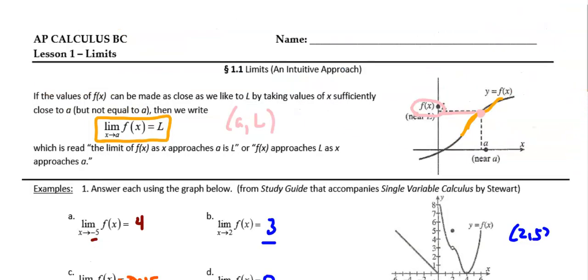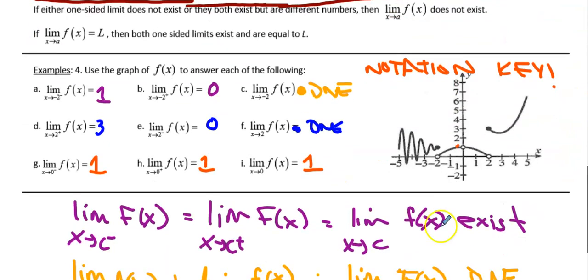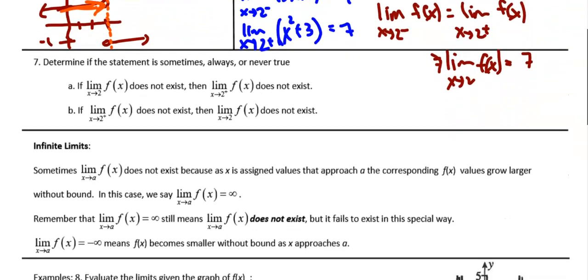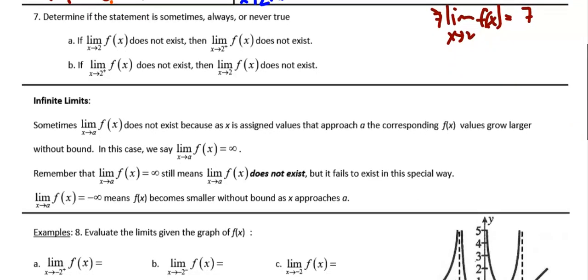And that goes back to what we did here: if the left-hand limit and the right-hand limit are equal to the same value, then the overall limit is also equal to that. If these numbers had been different, as you've seen in these two examples right here, if this had not been 7 and 7, then this limit just would not exist. Okay, so that's basically question number 6. I'm hoping this makes sense to you guys, and let's move on to our last couple of examples.